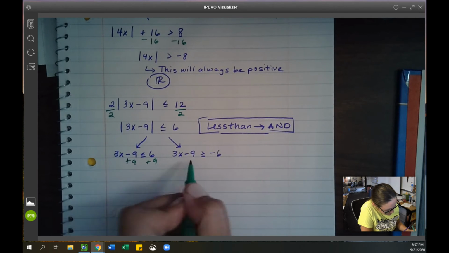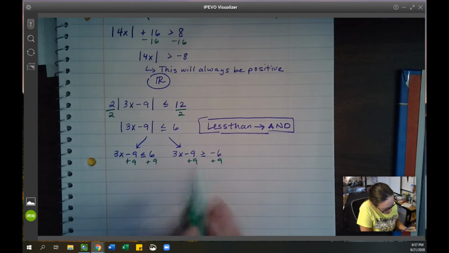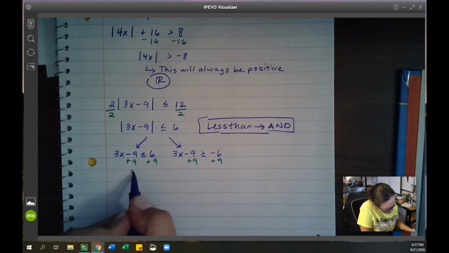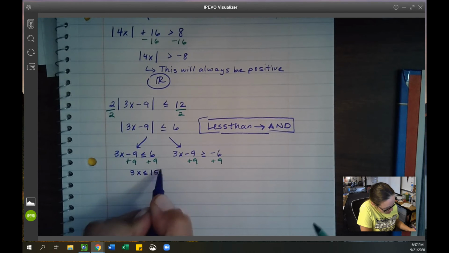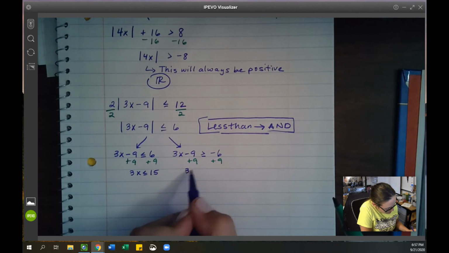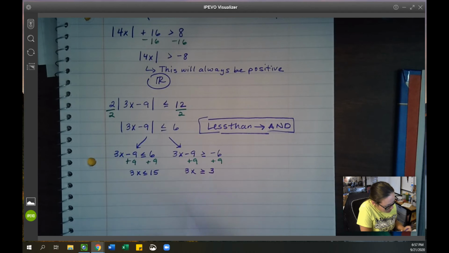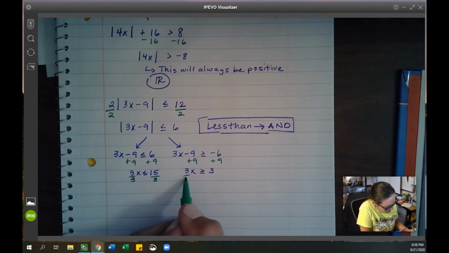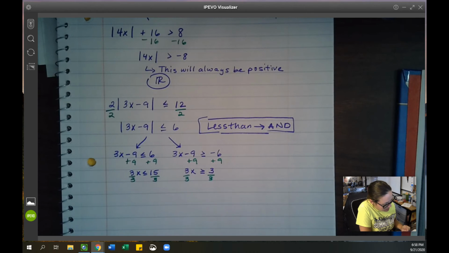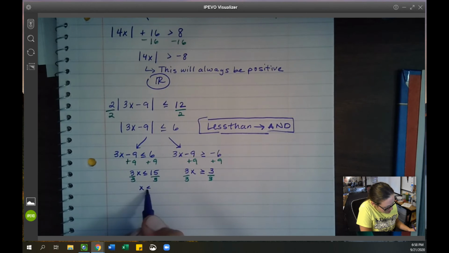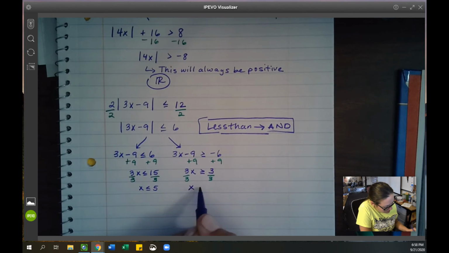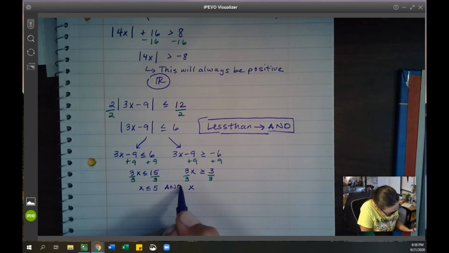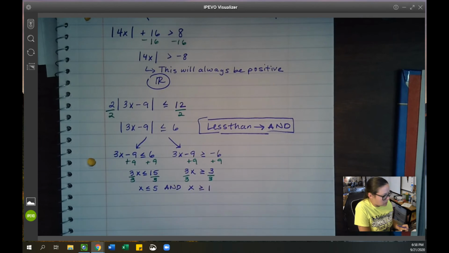Add 9. So I have 3x is less than or equal to 15. Here I'm going to have 3x is greater than or equal to 3. Divide everything by 3. I get x is less than or equal to 5, and x is greater than or equal to 1.